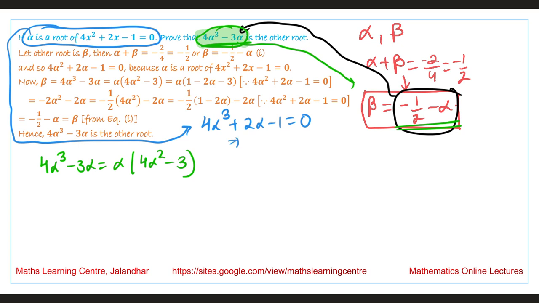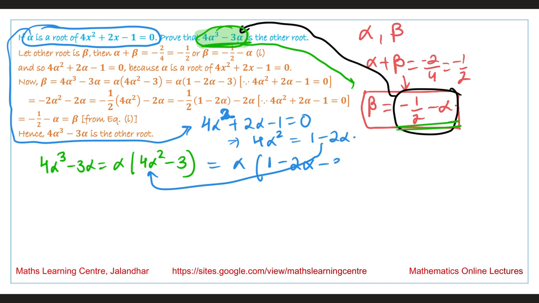So this implies that the value of 4α² is equal to 1 − 2α. We substitute this value over here and we obtain α(1 − 2α − 3).